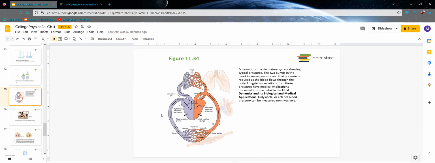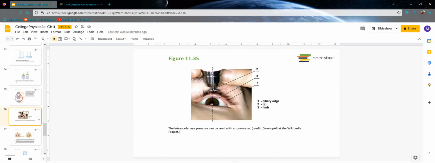This is what I was talking about before with the arteries and veins conversation. Notice the pressures in the arteries in the red on the right are 120 millimeters of mercury, a lot higher than the 25 millimeters of mercury of the veins that are bringing the oxygen-depleted blood back in. Cool.